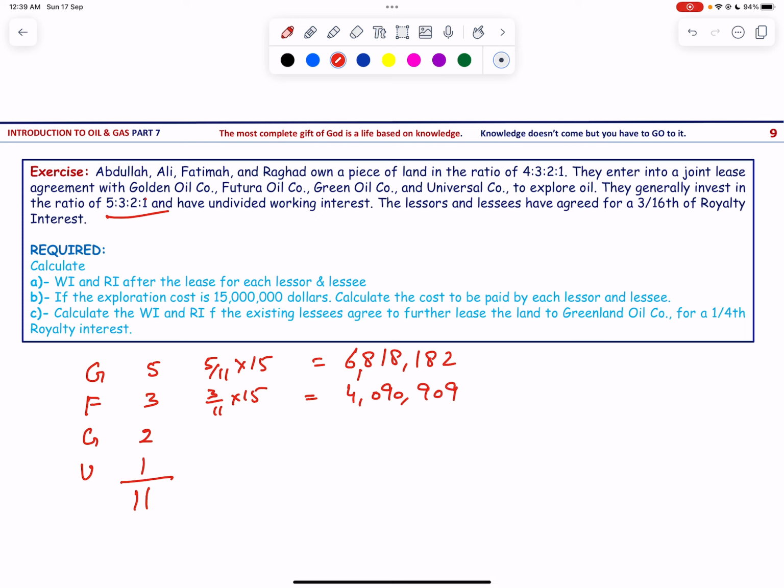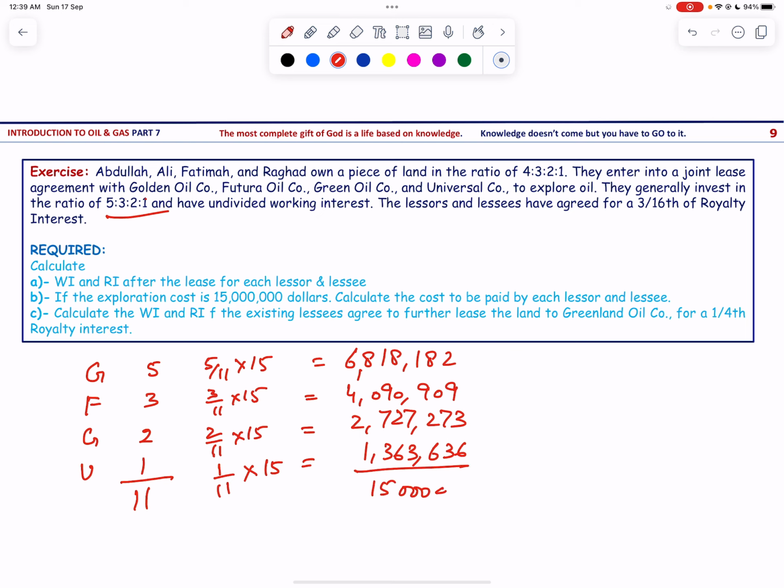For Green, it will be 2 upon 11 times 15 million, that is 2,727,273. And for Universal, it will be 1 upon 11 times 15 million, 1,363,636, that is equal to 15 million in total.